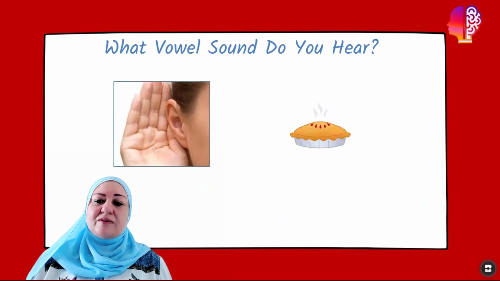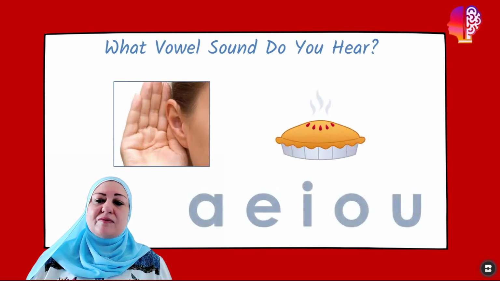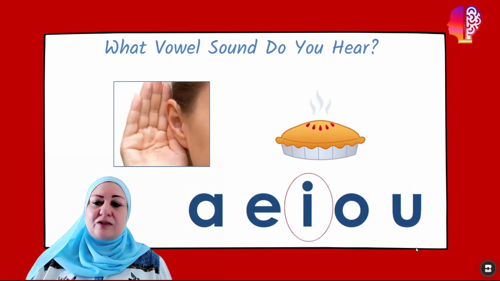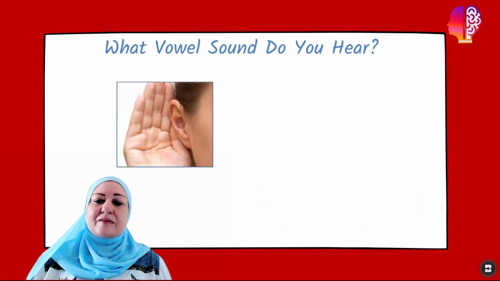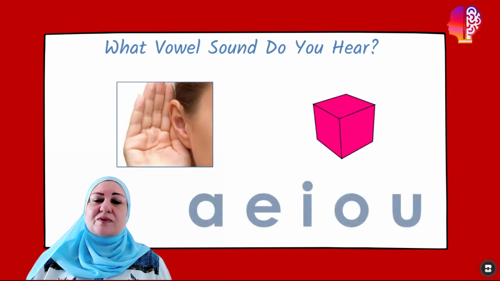What vowel sound do you hear at the end of the word pie? You hear the long I sound at the end of the word pie. What vowel sound do you hear in the middle of the word cube?